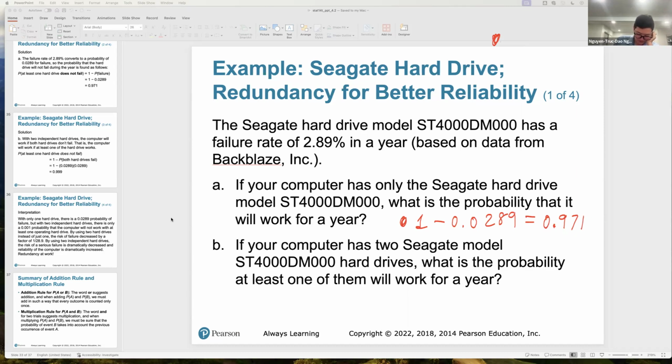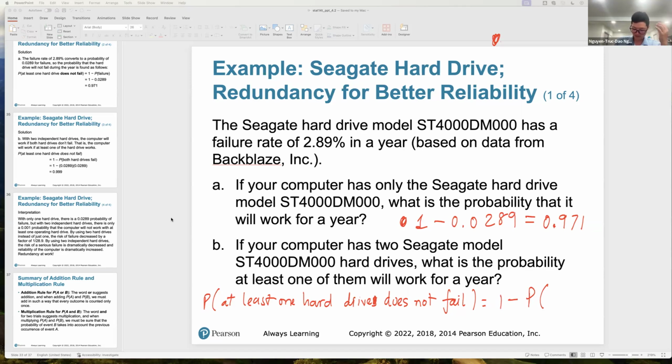Okay, so for the second one, two independent hard drives, the computer will work if at least one of the hard drives works. Do you agree with me? So in this case, P of at least one hard drive does not fail equals 1 minus the probability of both hard drives fail, right?